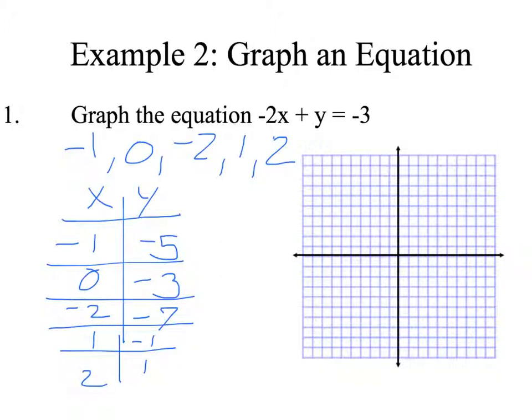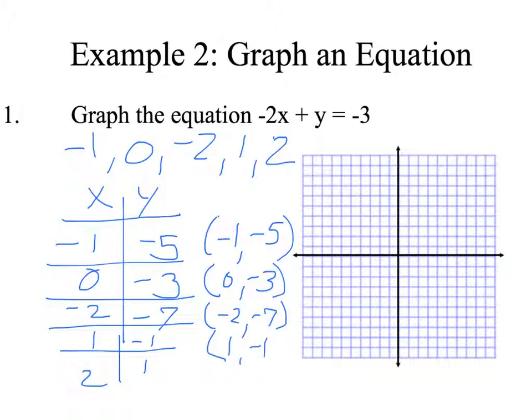Now that I have my chart completed, these values in the chart are going to become my ordered pairs. So -1, -5; 0, -3; -2, -7; 1, -1; and 2, 1. So now we're actually going to put these on our graph.